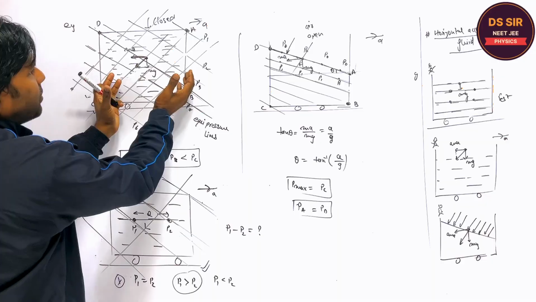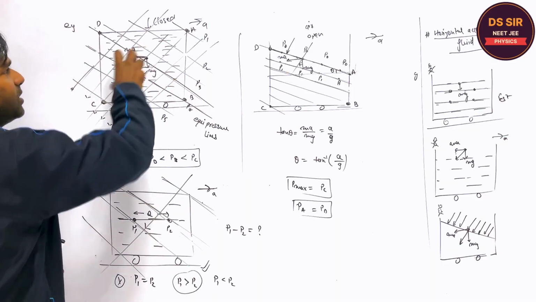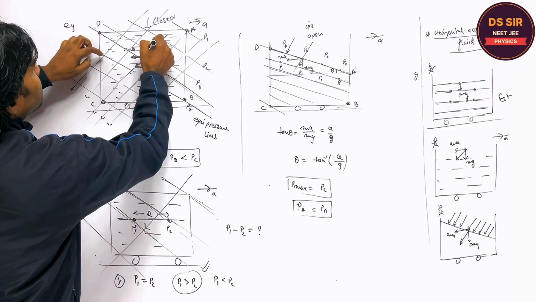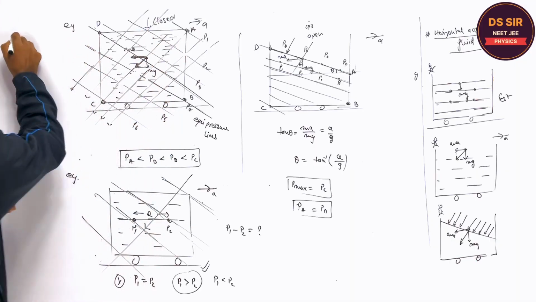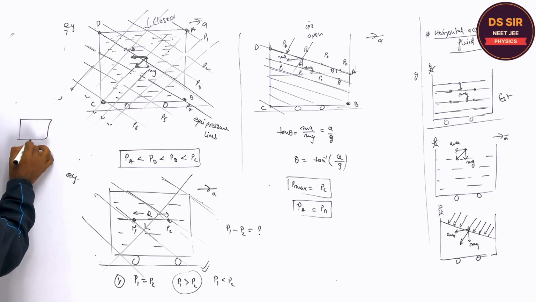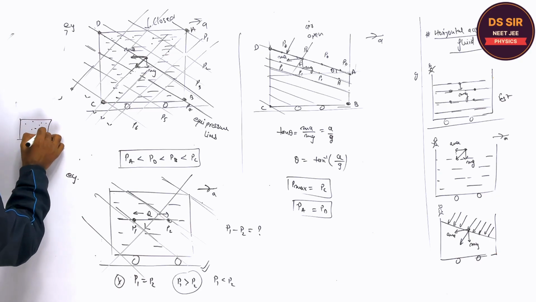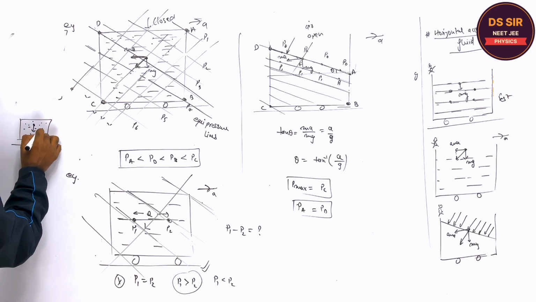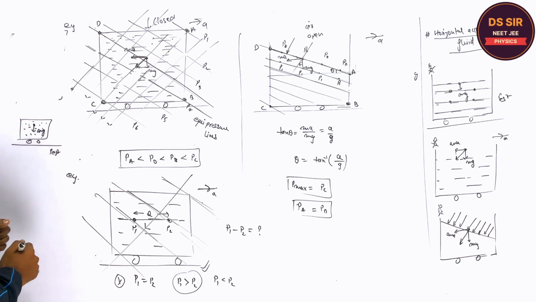Because it is constrained to remain in this case. Although the water molecules will be in this way, suppose I make a small figure: this is the water, and it is full and closed. If it is at rest, only the mg force is acting on each molecule in this direction.